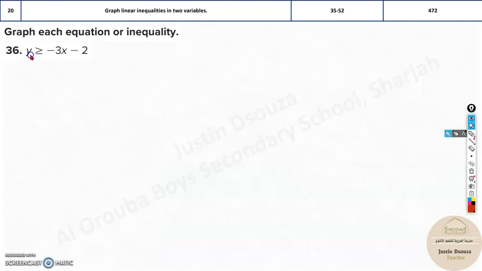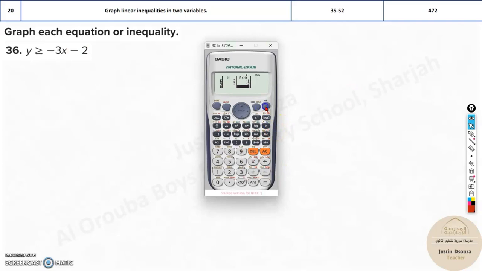Now over here, this is already in slope intercept form. Just make the table again. Use this calculator. Over here, mode 7, and type -3x - 2, and let's give the starting value of -3 and ending at 3. Step is 1.